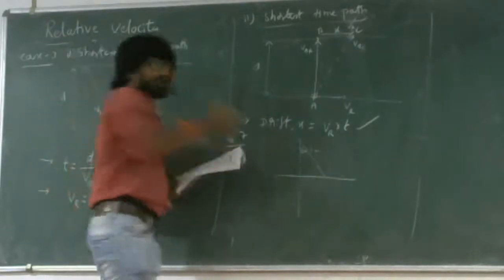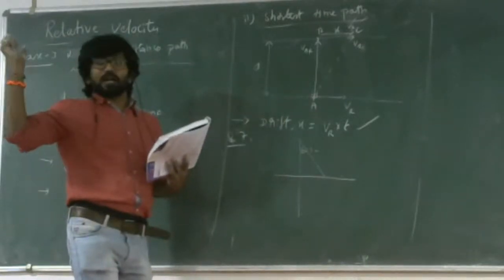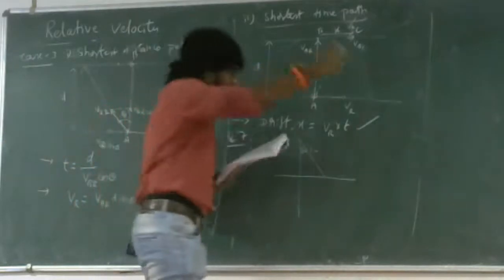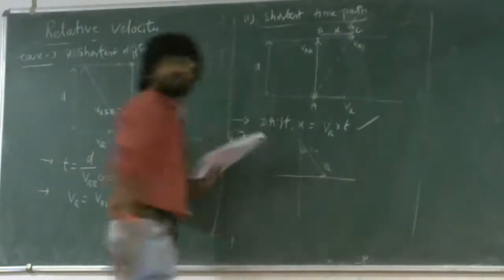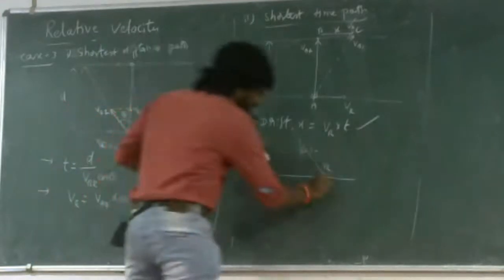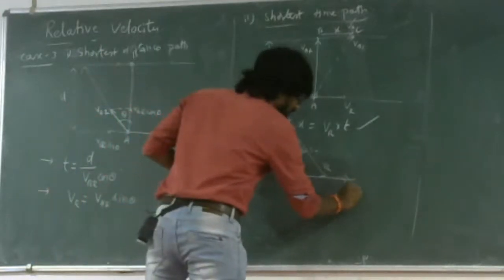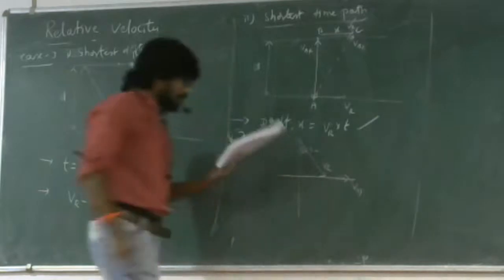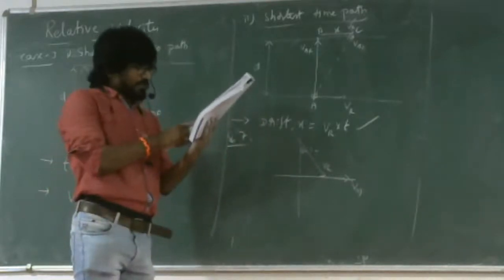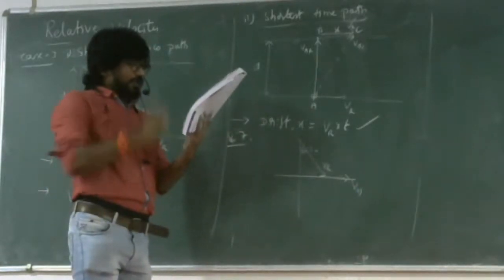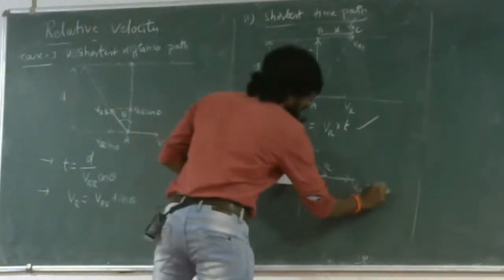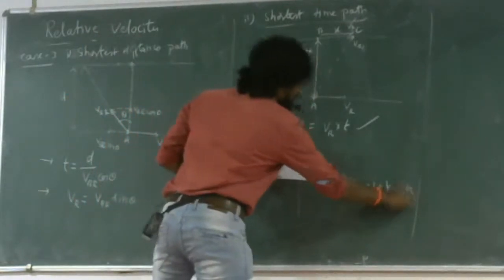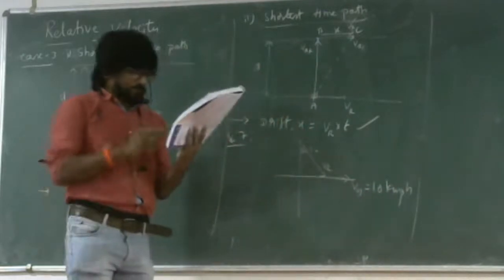And now he has just thrown the umbrella and he is running with some speed. This is the speed of rain, velocity of rain. Now he started moving with the velocity of Vm. With what velocity? 10 km/h.